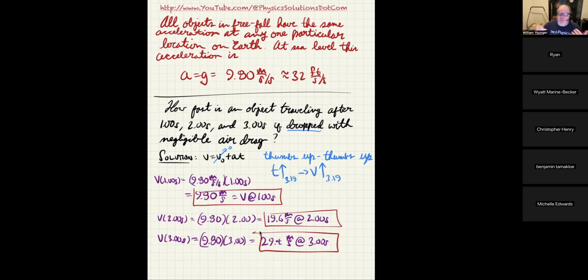It goes another 9.8 meters per second, and that's why I told you to read the 9.8 meters per second every second that way, because it tells us, hey, this acceleration is going to cause the velocity to change by 9.80 meters per second each second it travels. So after 1 second, it's gone from 0 to 9.8. After 2 seconds, another 9.8 has been added to it. That makes it 19.6. And after 3 seconds, another 9.8 has been added. That makes it 29.4.